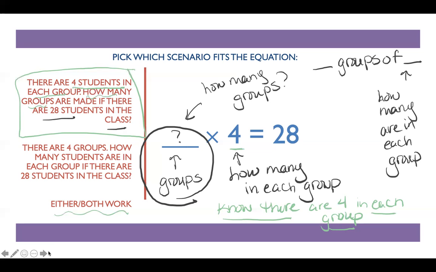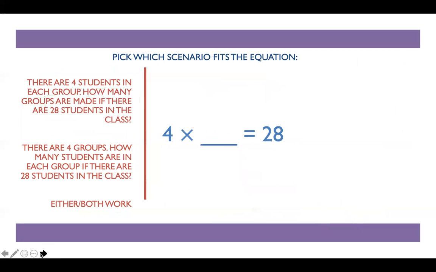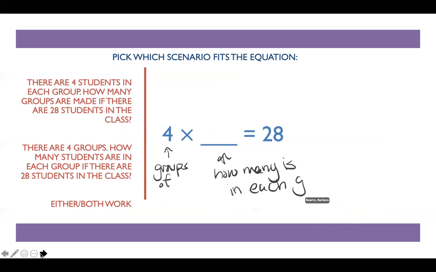Now I'll clear those annotations and check out this one. What do you think here? Again, we have the same idea. Here are our groups, and here's how many are in each group. Now go ahead and answer it, in your head or out loud.